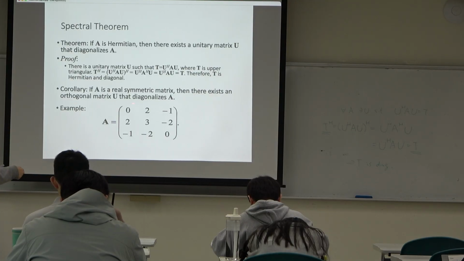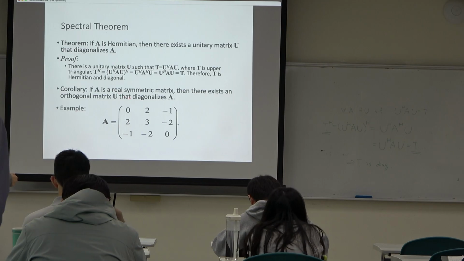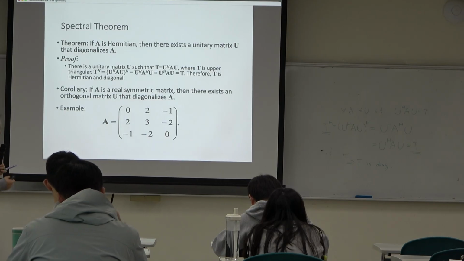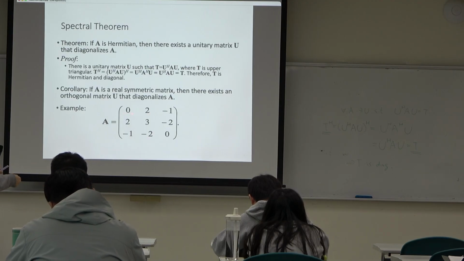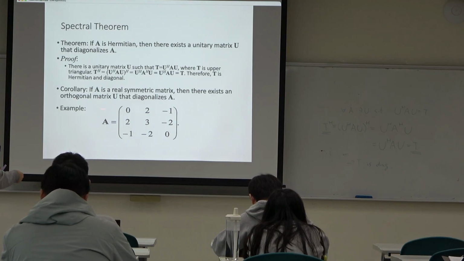If A is a real symmetric matrix, then there exists an orthogonal matrix U that diagonalizes A. A real symmetric matrix is a kind of Hermitian matrix, so there exists an orthogonal matrix U that diagonalizes A. There's not much to really talk about.